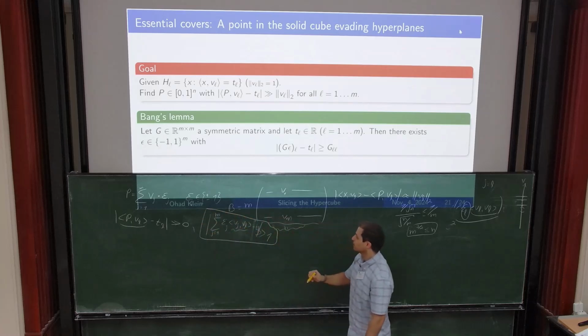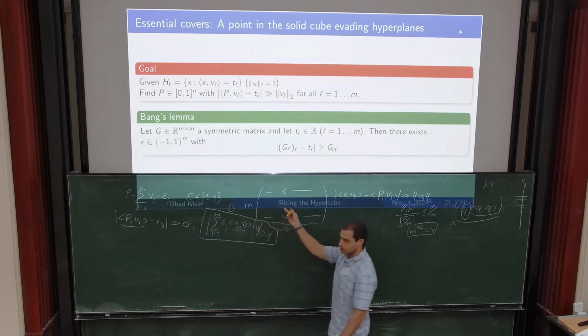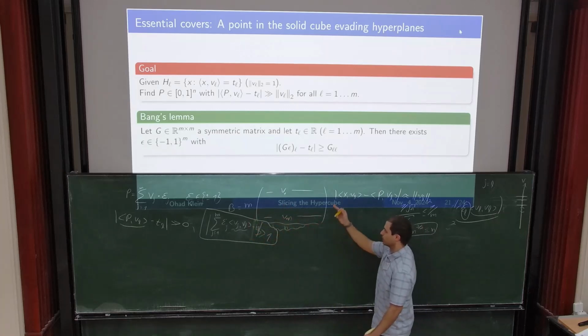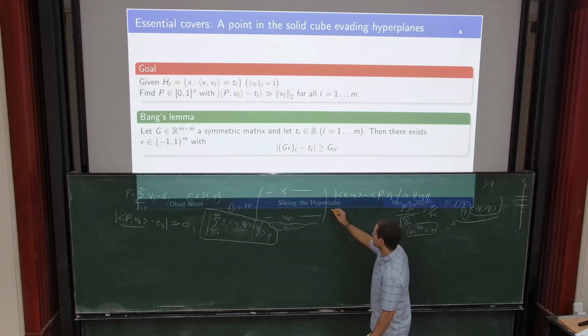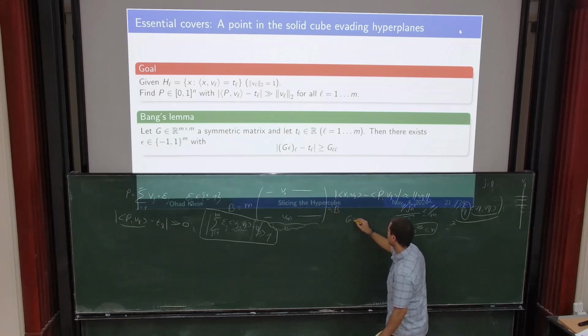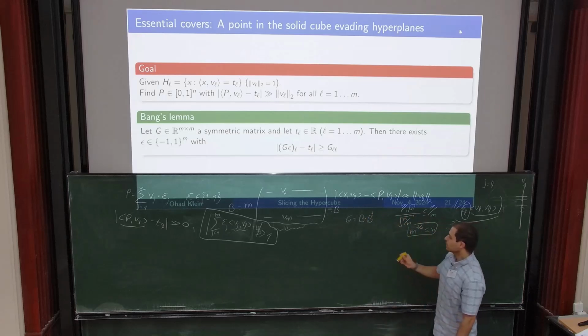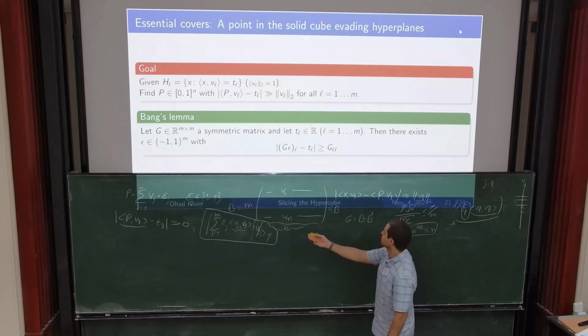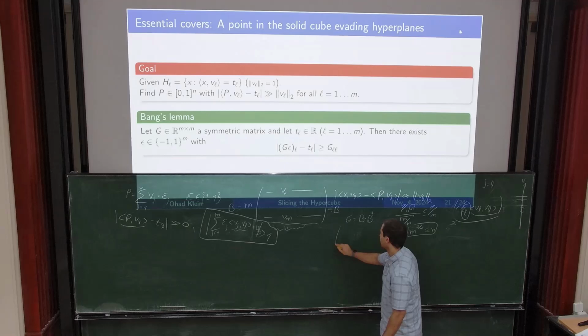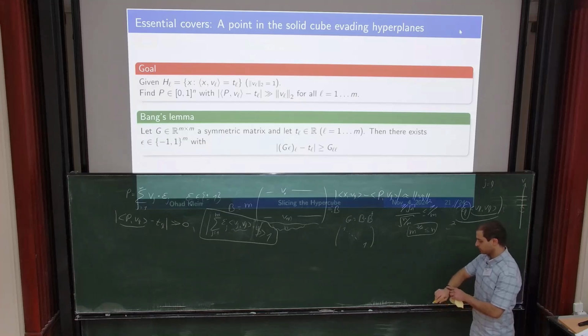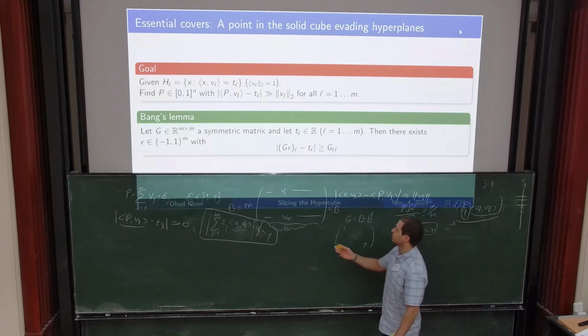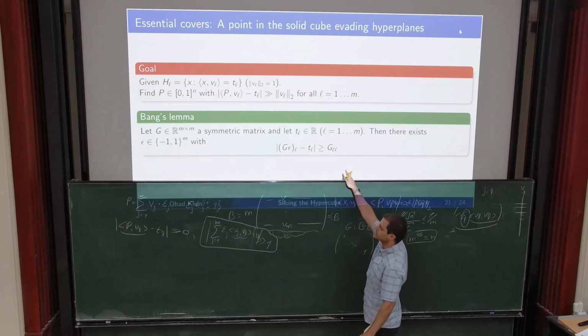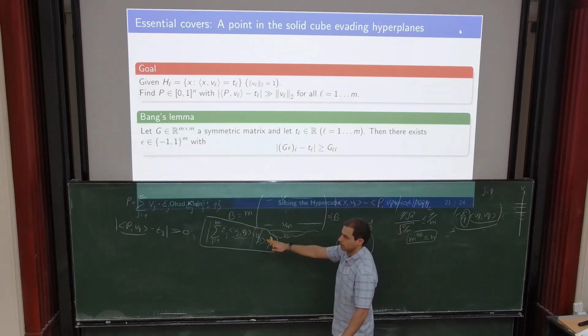Now, if we just take G to contain all inner products of our vectors, so suppose this matrix is called B, and you take G to be B times B transpose, then the diagonal of G is going to be 1, and the inequality in Planck's lemma is just going to be what we need.